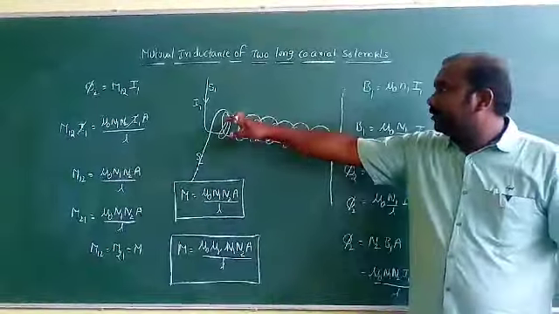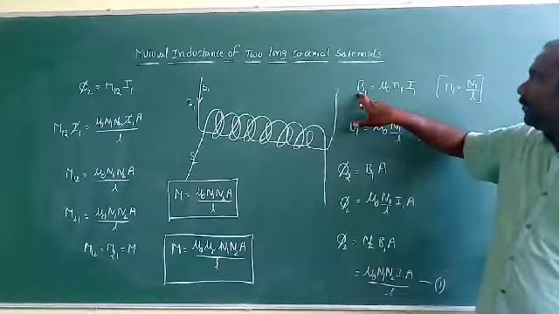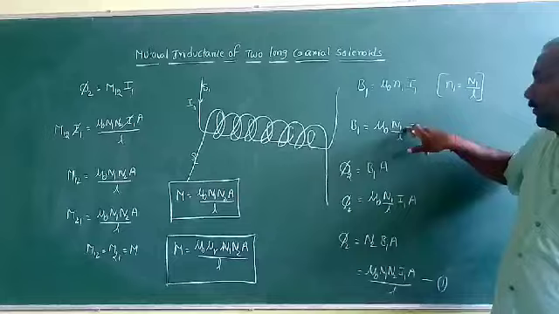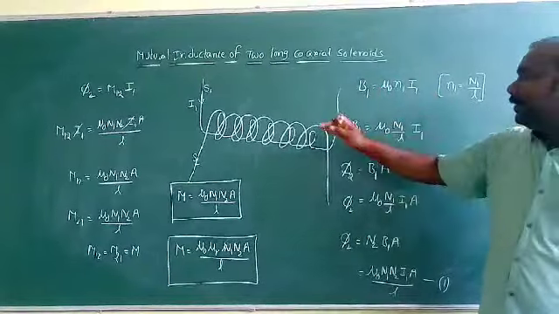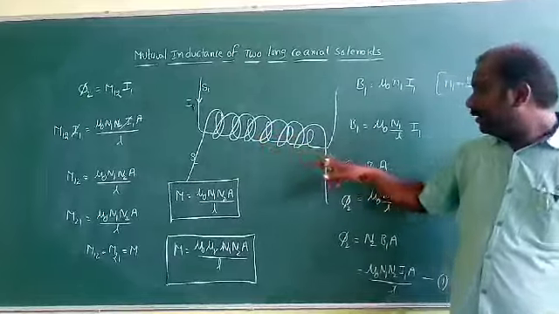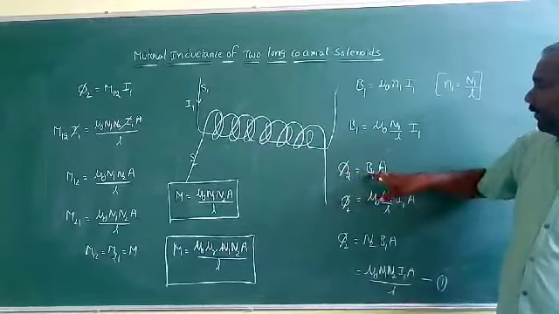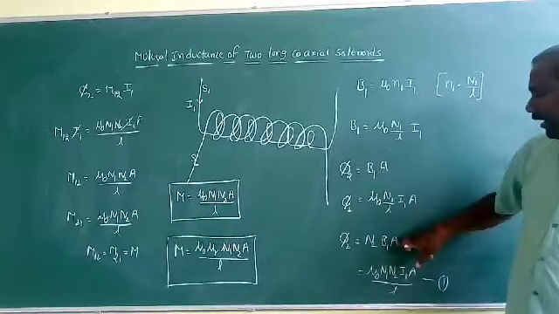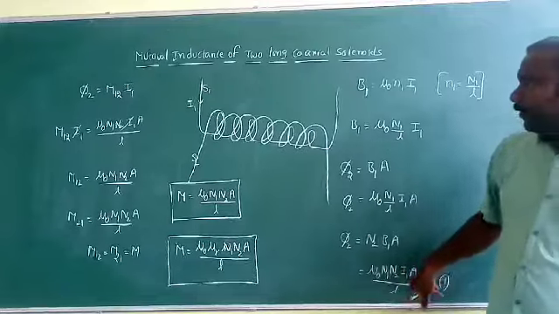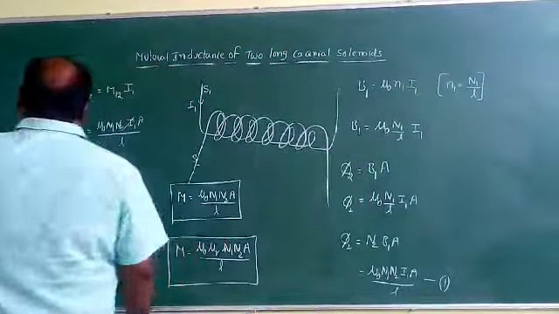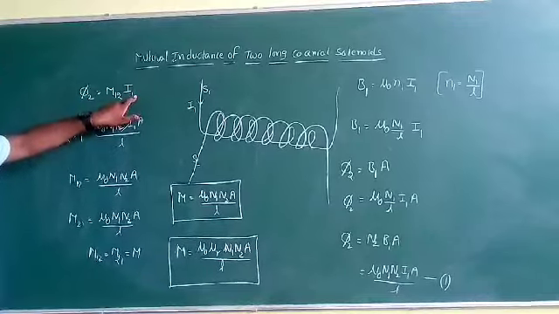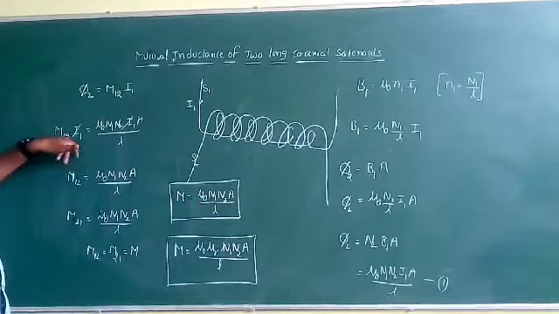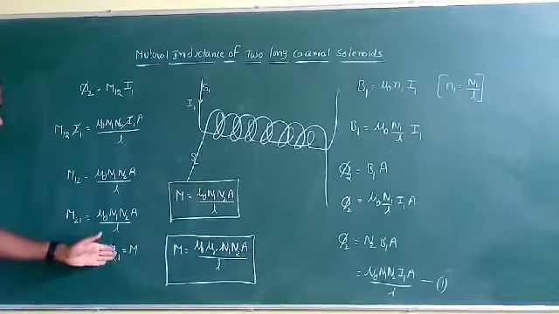When the current I1 is passing through the first solenoid, the magnetic field produced by it is given by mu naught n1 I1, and we substitute this. Because of this magnetic field, the flux changes in the secondary solenoid. The magnetic flux linked with each turn is given by this, and the flux linked with the total solenoid is given by this. We already know that the magnetic flux linked in the secondary solenoid is given by the current change in the primary, that is, phi 2 is equal to M12 into I1. In place of phi 2 I substituted and cancelled, and finally I got this.